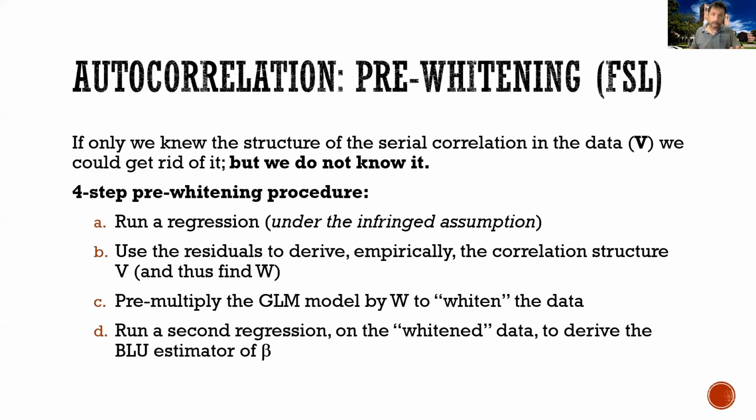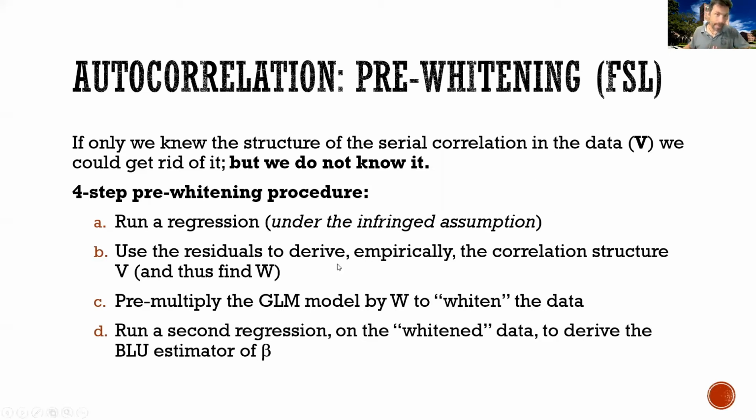All you do is you take the residuals, and then you try to find out in the residuals what V is. Because if I can find out V, I can then create W such that sigma squared W V W transpose equals sigma squared identity matrix.